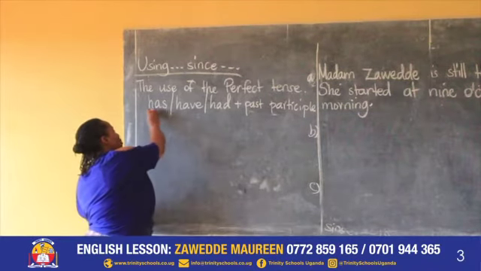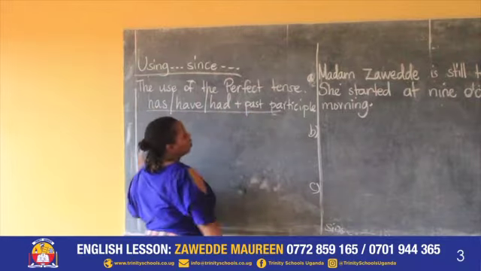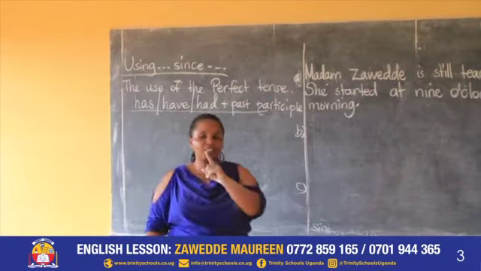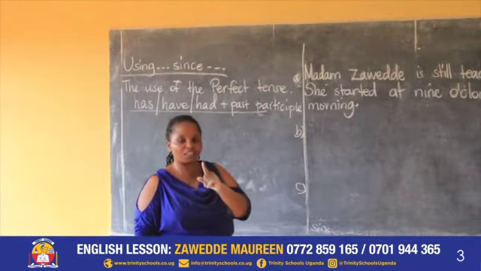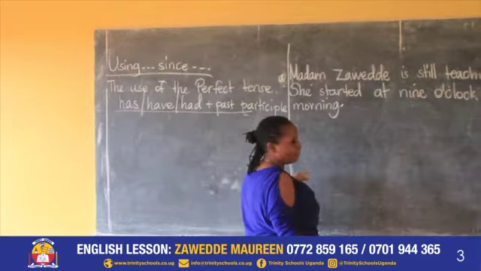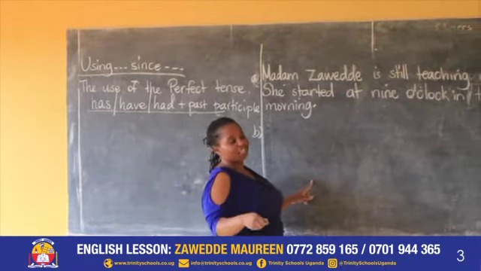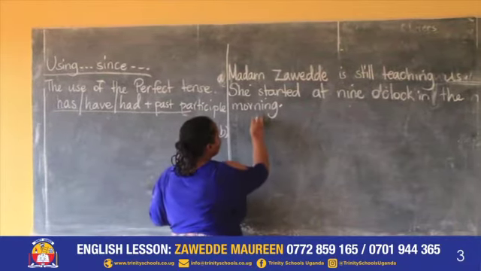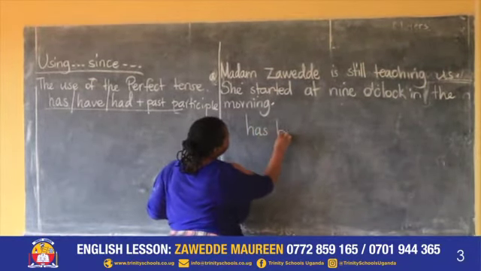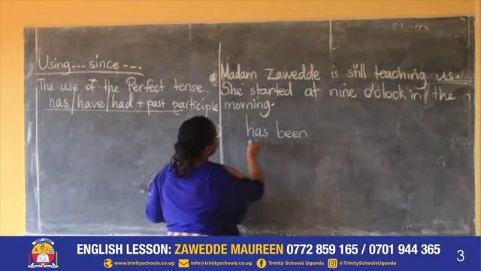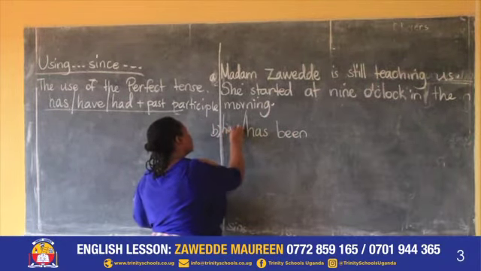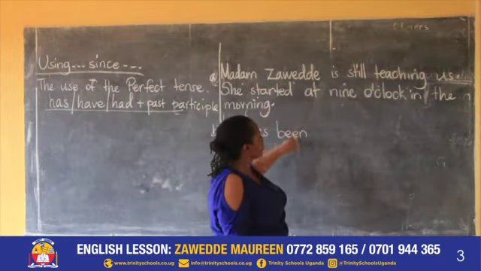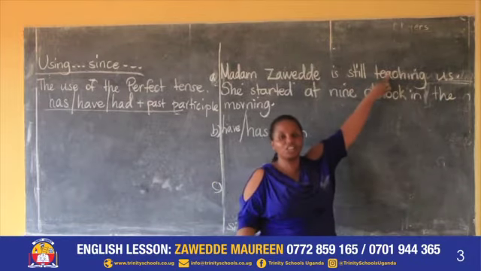We remember the perfect tense. The action is still going on, remember, candidates. So we bring in the present perfect continuous, has been or have been. So we are going to say, Madame Zawedde has been doing what? Teaching us.